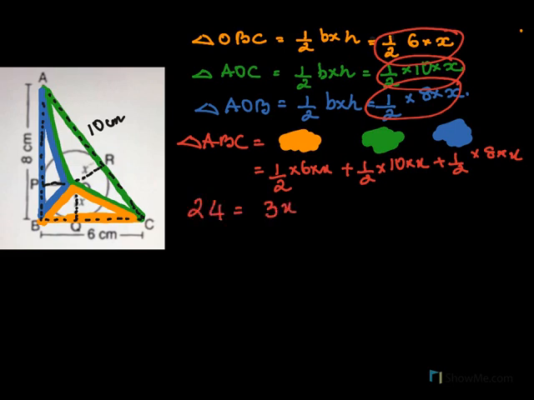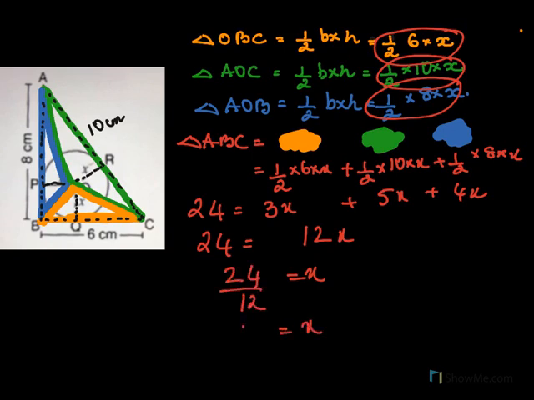So 24 equal to 3x plus, when you cut this out, this becomes 5x, and this becomes 4x. So 24 equal to 12x. So x equal to 24 by 12. Your x equal to 2 centimeters. So radius is 2 centimeters.